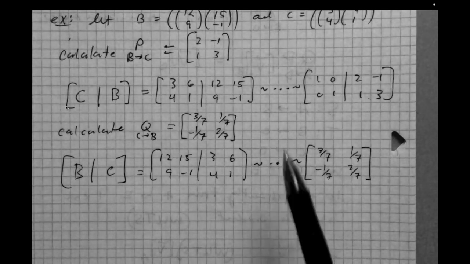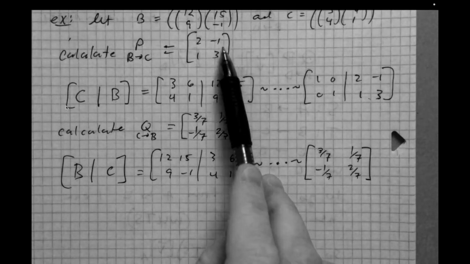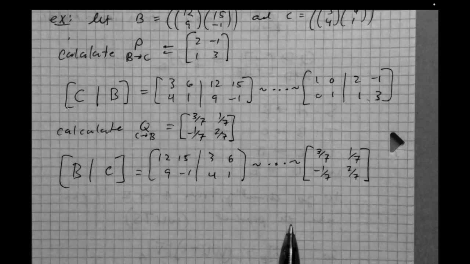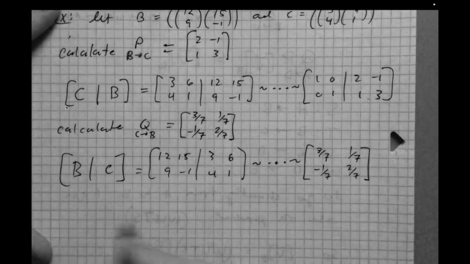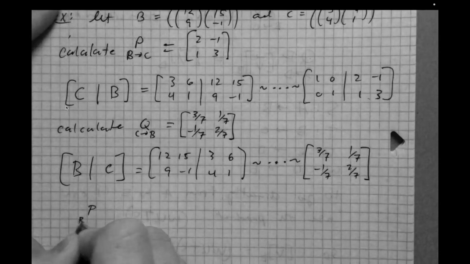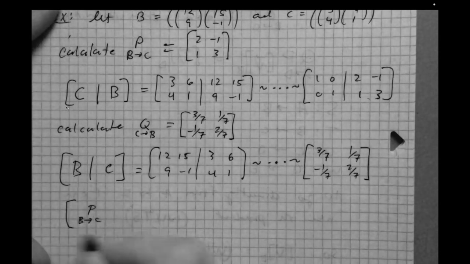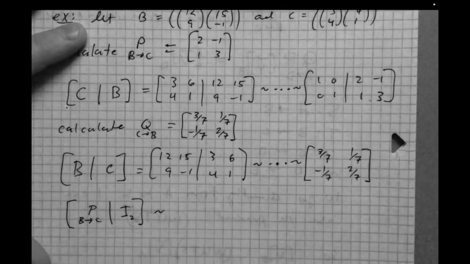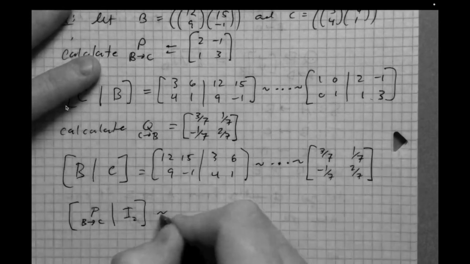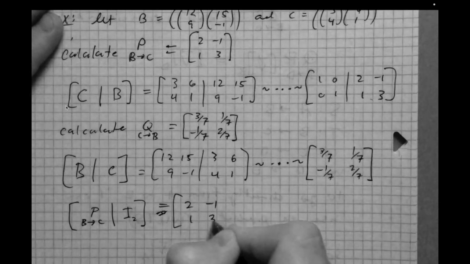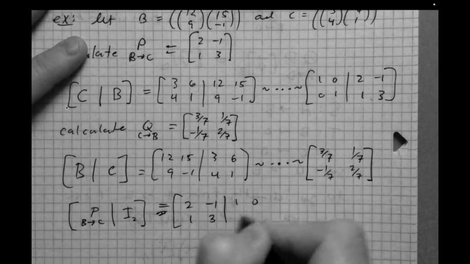Okay, so all that's left to confirm is that this is the inverse of that. Is Q the inverse of P, and vice versa? How can we tell? The way we've done it in the past is, if I want to know the inverse of P, I can set up an augmented matrix with P in it, and in this case a 2 by 2 identity on the other side, and I can row reduce it. So I have 2, -1, 1, 3, and then the identity over here.